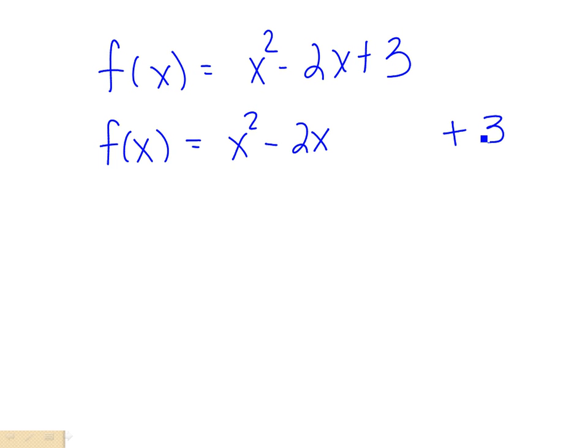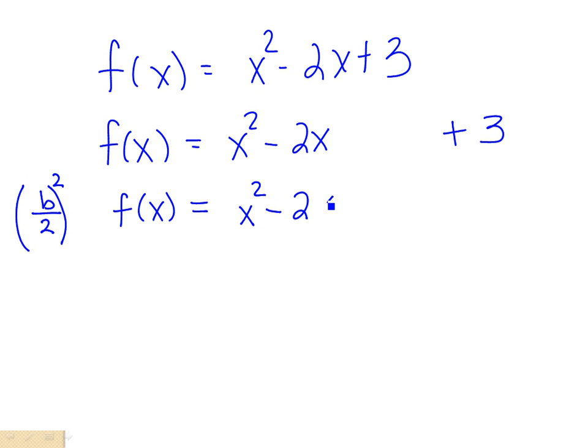So always divide the b by 2. Put this information over here, and we're going to square it. Okay? So this is a side note. We have f of x equals x squared minus 2x, and once we divide 2 by 2 we get 1, and we square it, we get a positive 1.